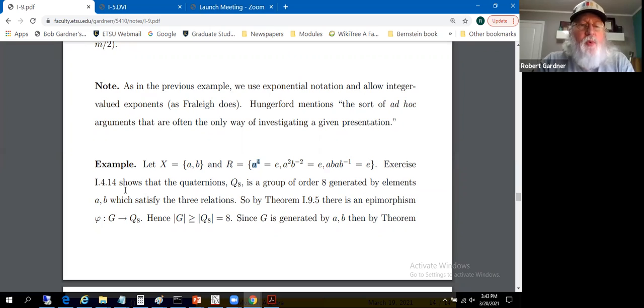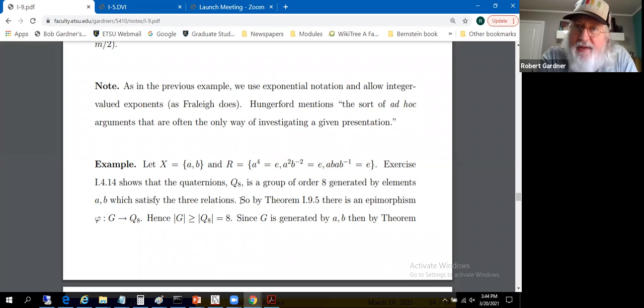Exercise 1.4.14, a few sections ago, shows that the quaternions, Q sub 8, form a group of order 8 generated by the elements a and b that satisfy those relations. Quaternions can also be dealt with not as a finite group but as something bigger. If you look up quaternions, you're apt to see that they're an example of a non-commutative division ring.